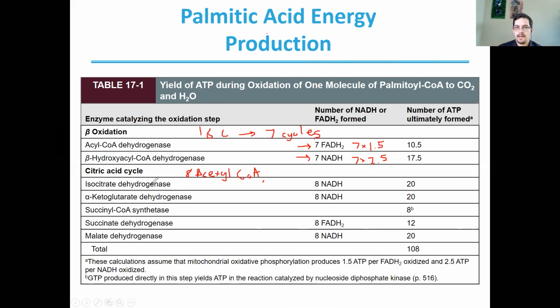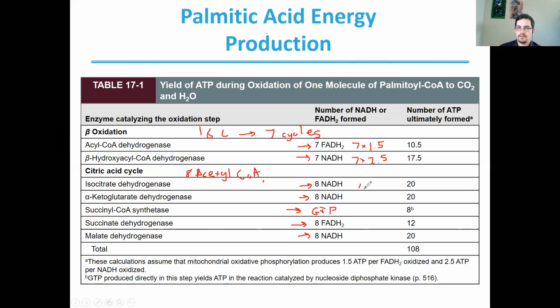For every acetyl-CoA that's going through the citric acid cycle, we again get our 3 NADH. So 8 times 3. And we also get our 1 GTP here from the succinyl-CoA synthetase. And our 8 FADH2 from the 8 times going through the succinate dehydrogenase.